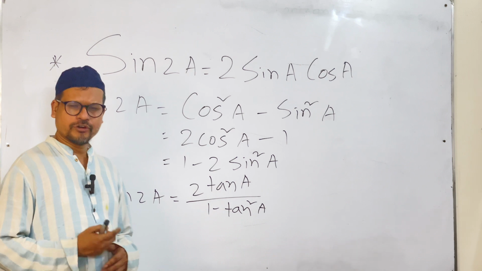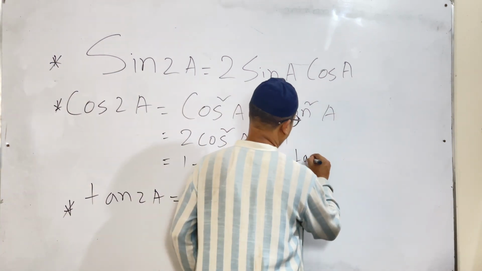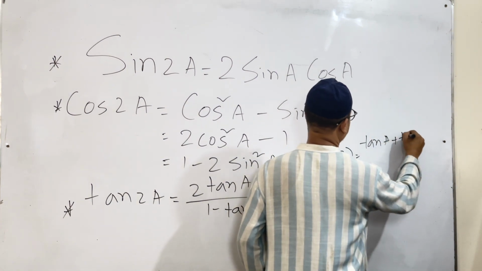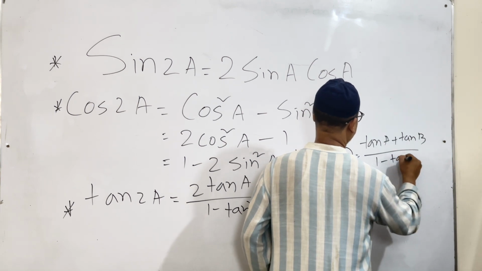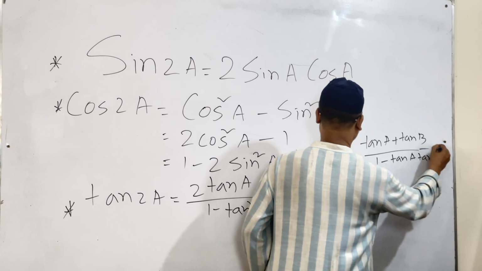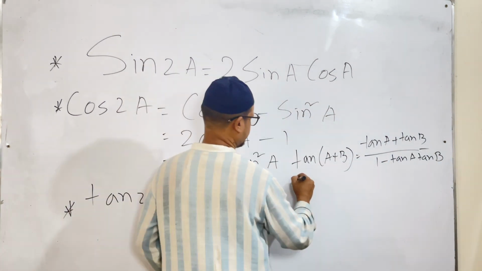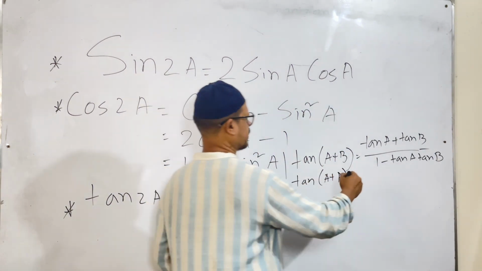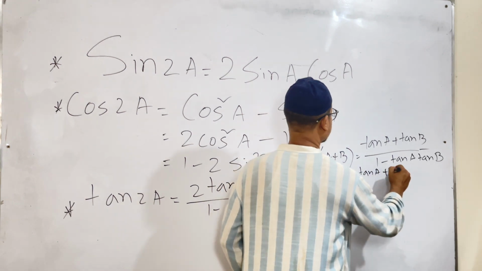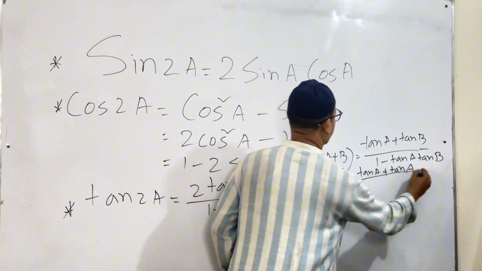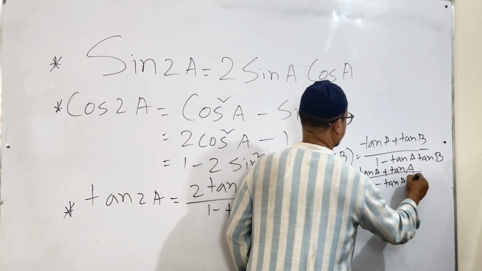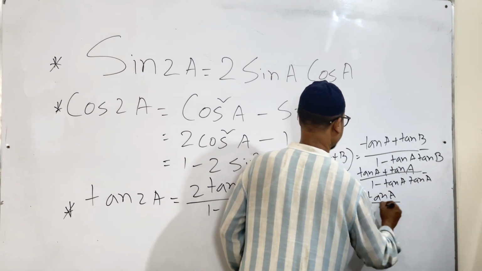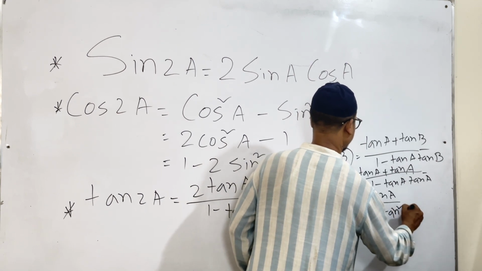Just now we have done the formula tan(A plus B), that means tan A plus tan B over 1 minus tan A tan B. If you write it this way, with A in place of B, then you get 2 tan A by 1 minus tan square A. Very simple.